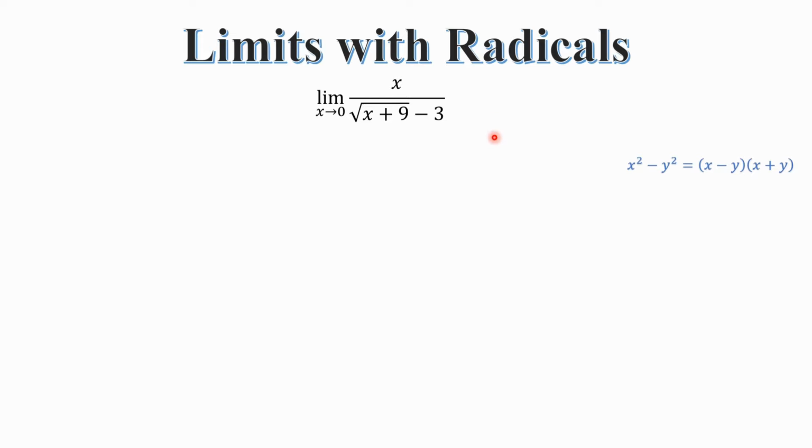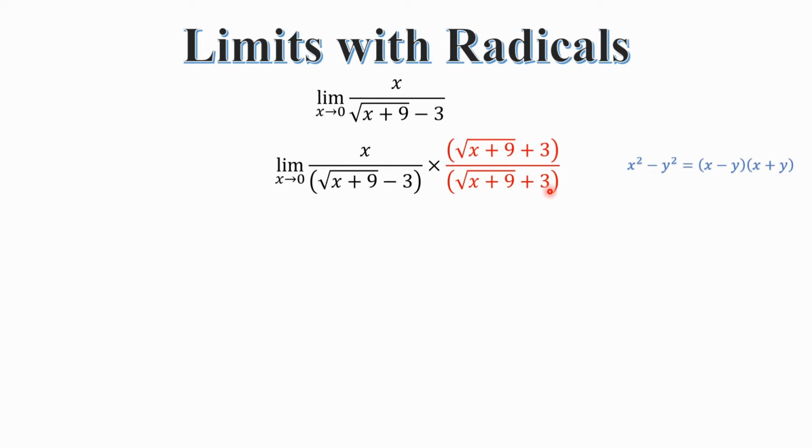So let's create conjugate pairs in the bottom. To do that, we're going to use the theory of equivalent fractions. Let's set that up. As you can see, this part of it is basically repeated right here. But in the denominator, we're going to make conjugate pairs.